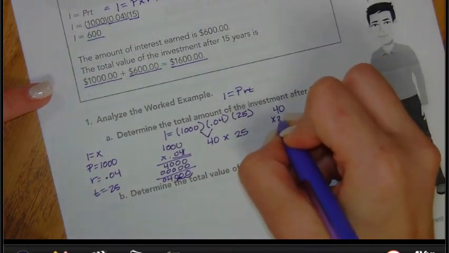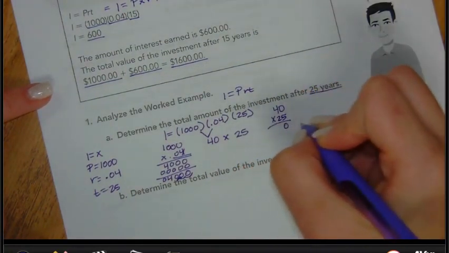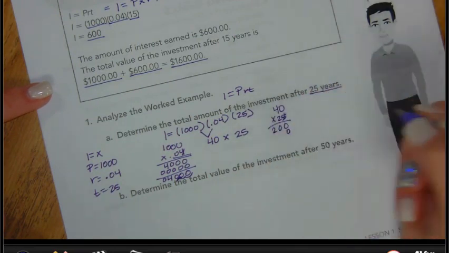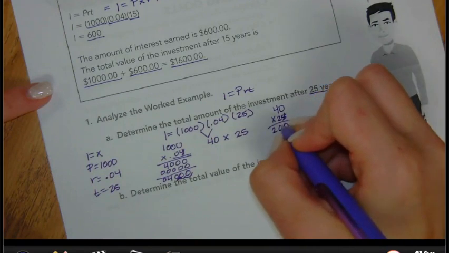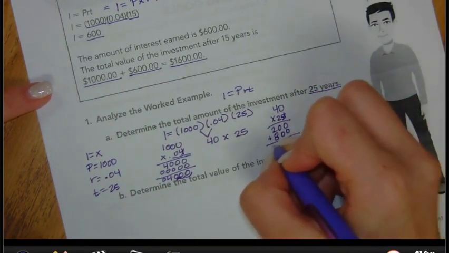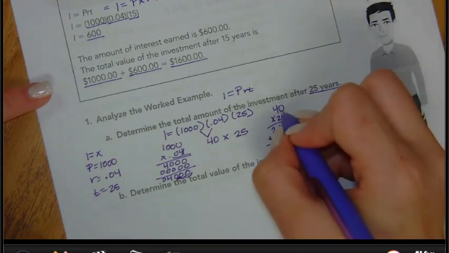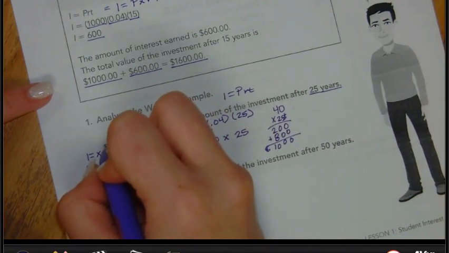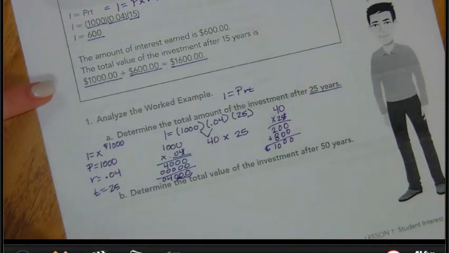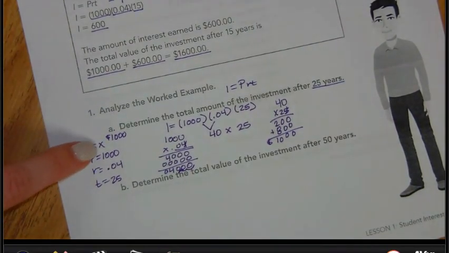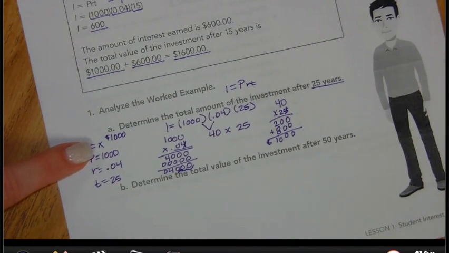So 40 times 25. Well, 5 times 0 is 0, 5 times 4 is 20. Done with the 5 placeholder. 2 times 0 is 0, 2 times 4 is 8. So I'm going to add these numbers up together, and I see that 40 times 25 is $1,000. So my earning, my interest, how much I earned, is $1,000. I started with 1,000.